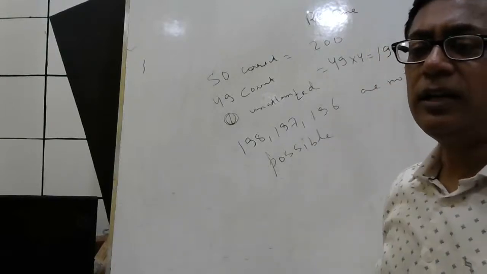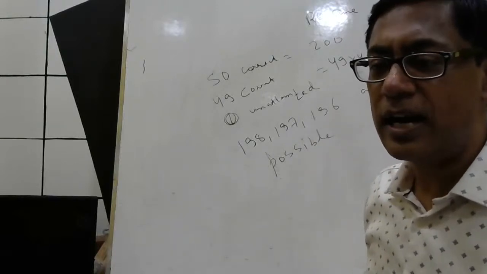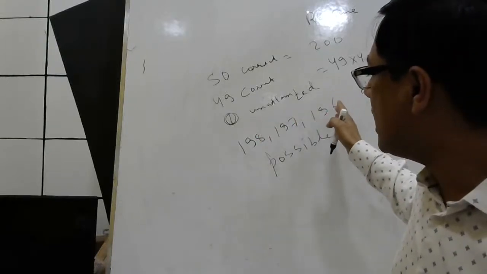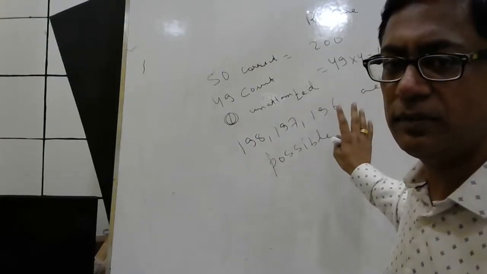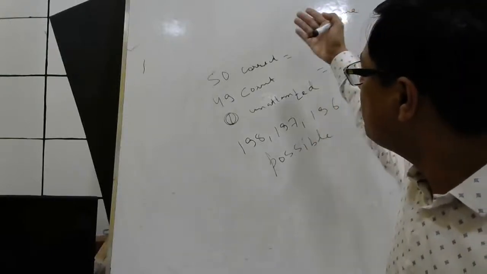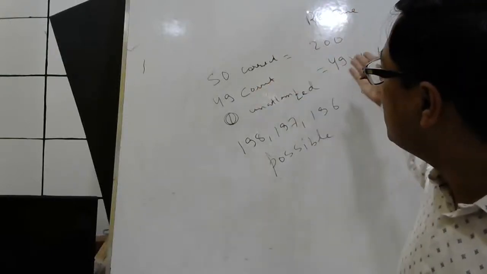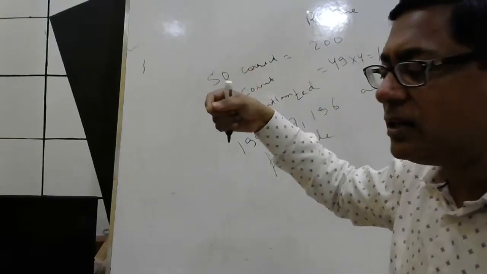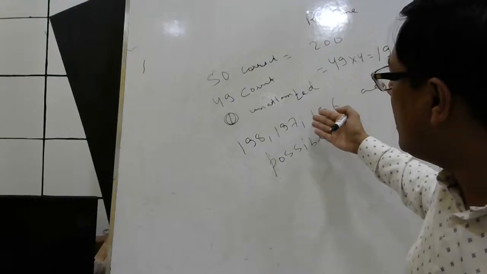I'm giving you a minute to think and understand. 199, 198, and 197 are just not possible. And why is it not possible? Because with 50 correct, you have 200. With 49 correct, the maximum you can reach is 196. So you have to think in your mind that 197, 198, 199 are not possible.